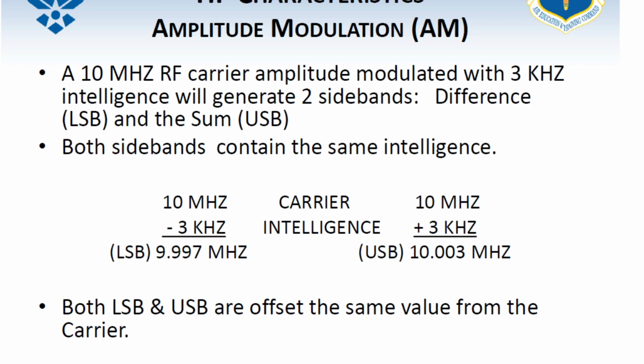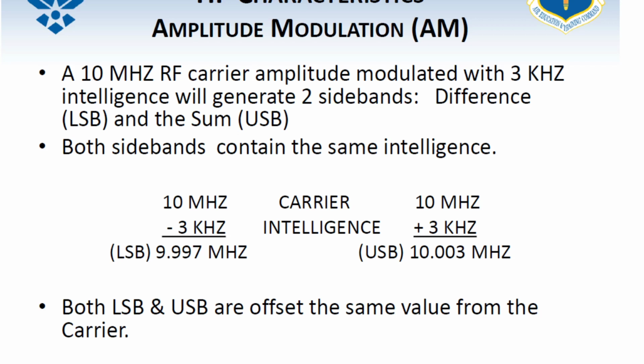Liquid, solid, voice, data, moon pie? I would say it's data, or probably voice, images, stuff like that. So it could be audio or data. Yes, sir. Intelligence is the audio or data that you are trying to transmit. Does that make sense? Yes, sir.